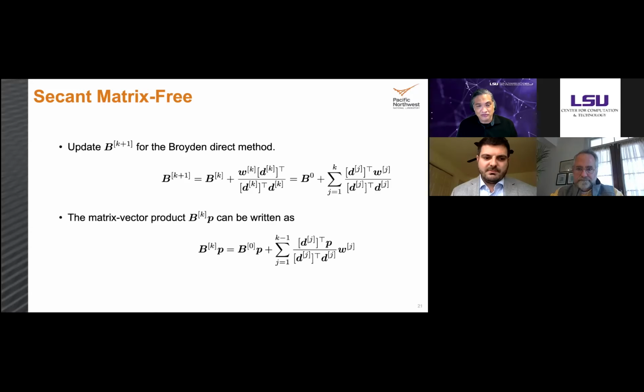So this becomes almost like a Gram-Schmidt orthogonalization step, but the amount of work isn't the size of the Hessian, which isn't there, but rather is based on the number of vectors we've stored for the outer product terms. Now there is the one term here, this initial term of B0 times P, that we need to compute. And again, we just need to compute the result of this. We don't need some initial actual Hessian. So it's typical to, for instance, just use the identity as the initial value for B, or some scaled diagonal, or something that's very, very quick to compute with. And so again, we have a Hessian-based method without a Hessian.